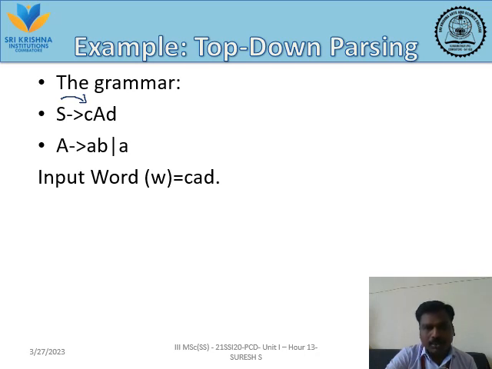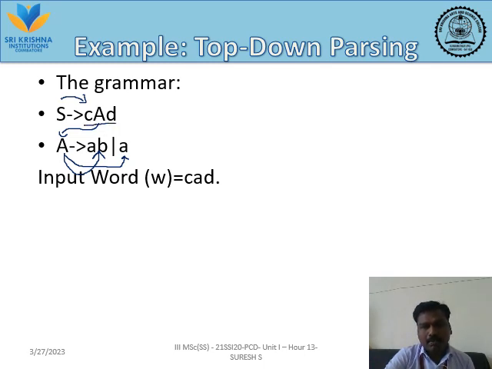Then capital A must produce the terminals at least, so we have another production rule, that is A derives, or A gives, the terminals. We can say these are alternates. The correct word for the grammar is alternate. A can produce either AB or a. Here S must produce cAd.